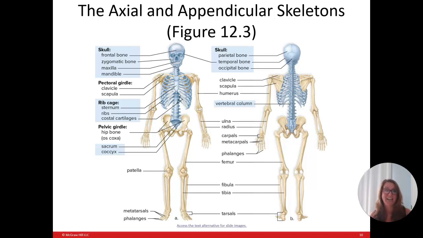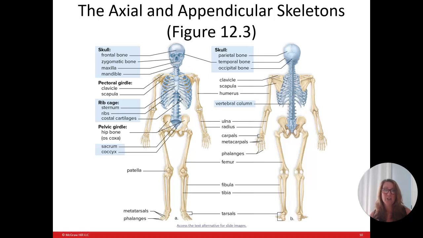Axial comes from the word axis, so this is the main axis. Think skull or cranium, facial bones, which protect your vital organs. We have your rib cage, your sternum, and of course the main axis of the body is the skull going down your vertebral column. So essentially, the axial skeleton is the main axis.